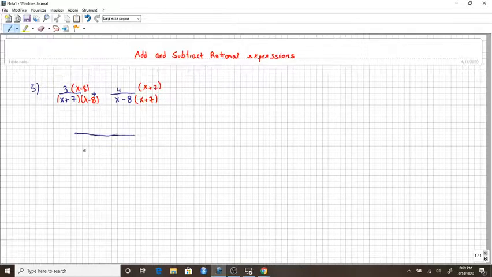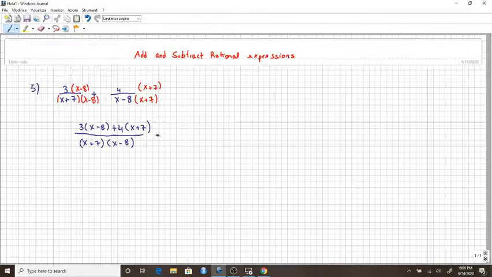If you want, you can multiply these two expressions, or you can just keep them as x plus 7 times x minus 8. But now I'm allowed to combine the two numerators. So what we have is 3 times x minus 8 plus 4 times x plus 7.